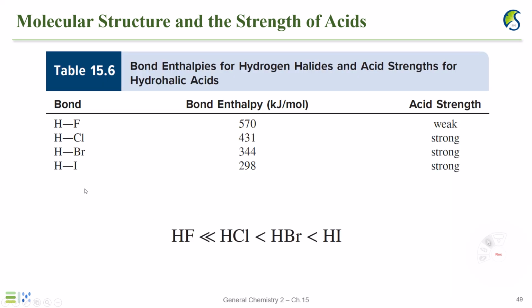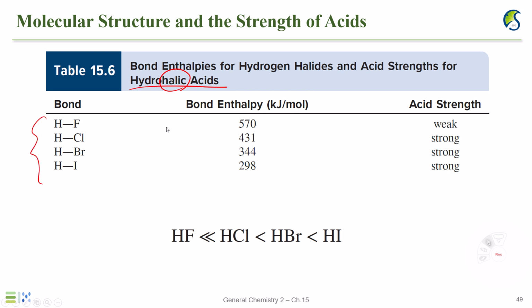So if you compare these four acids, these four hydrohalic acids, halic means a halide, HF, HCl, HBr, HI, based on the relative electronegativity of these halide anions, you can calculate the bond enthalpy of these four different acids.